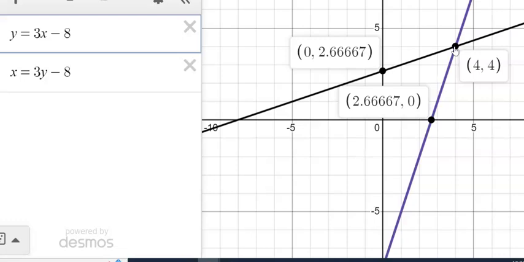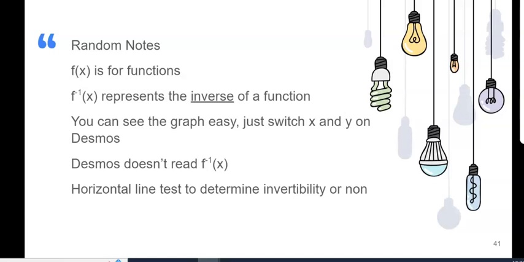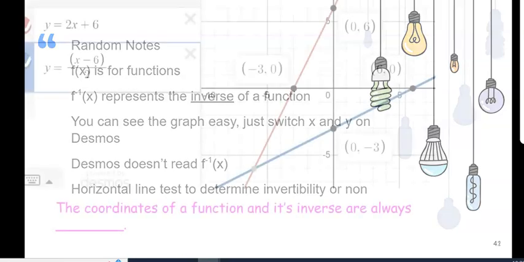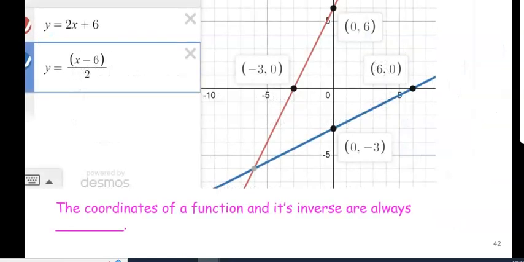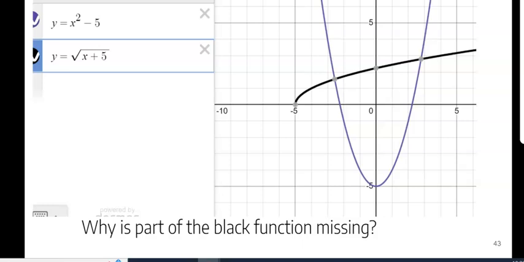4, 4 flips to 4, 4. I can find other points in here I'm sure to click on. Looks a lot like the one we did earlier, of a function and its inverse. Again, the original purple one there, if that's indeed the original, is not invertible, or the inverse is not a function, because it fails the horizontal line test.